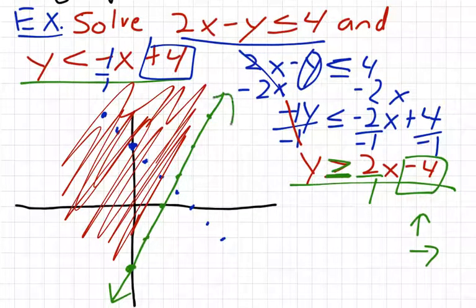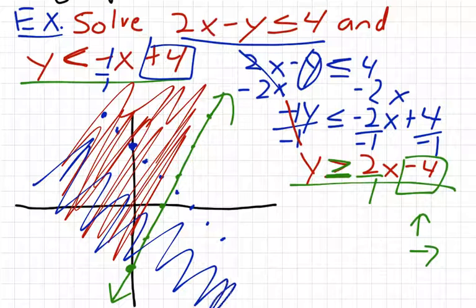All right, next up, on my first graph, I noticed that's just a less than. So I'm going to shade everywhere below the blue dotted line. So everywhere below it is going to be this region right here.